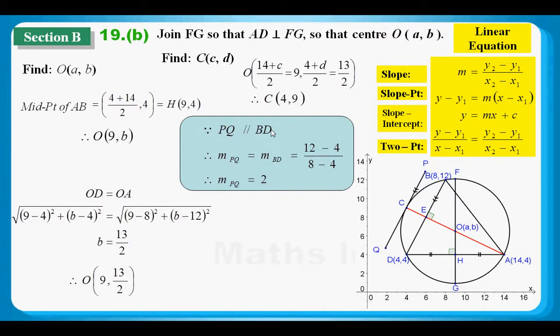And now we have to find the slope as shown here. And finally, we just plug the point C and the slope into the equation. We will have the tangent equation.